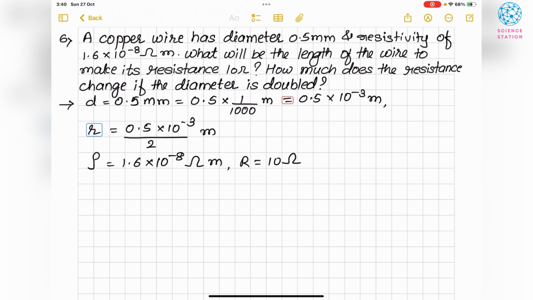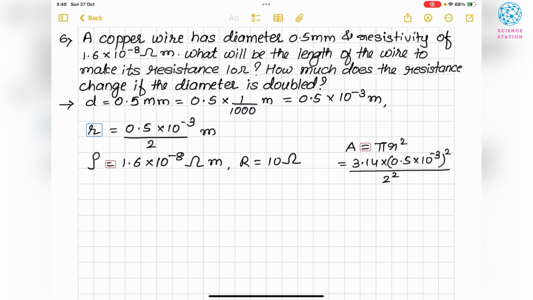So now I need area also. So to find area, I will use the formula A equal to pi r square. So that is equal to 3.14 into r is 0.5 into 10 raised to minus 3 whole square upon 2 square.